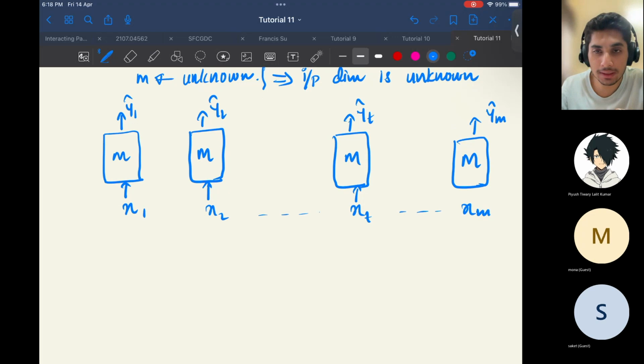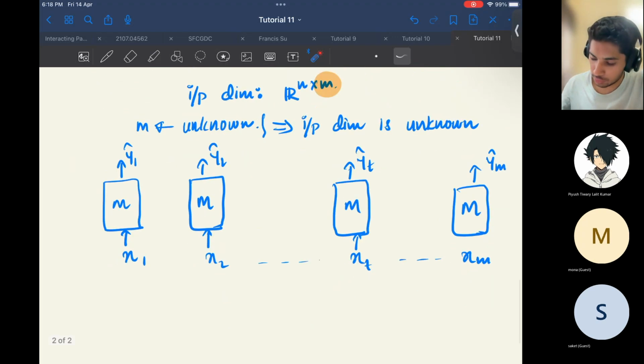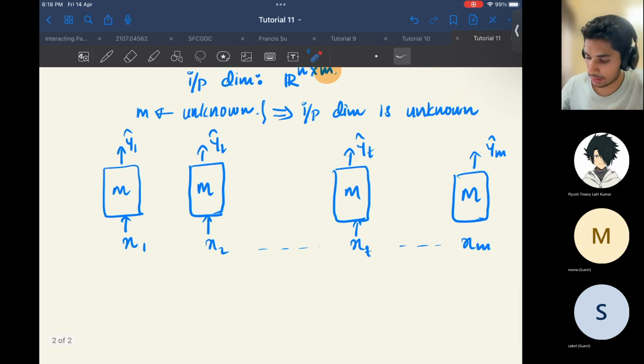However, the model I have shown here doesn't make any sense. Why? Because it is not taking into account the correlation that we just discussed. We know that x1 and x2 are dependent on each other; there is some relation between them. xt and x1 are related, and xm and x2 are related.